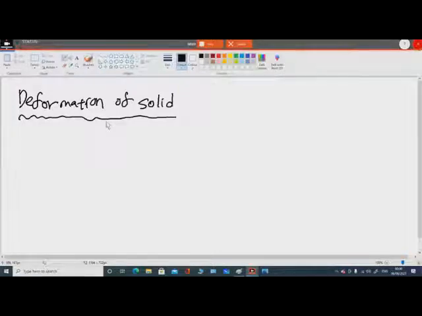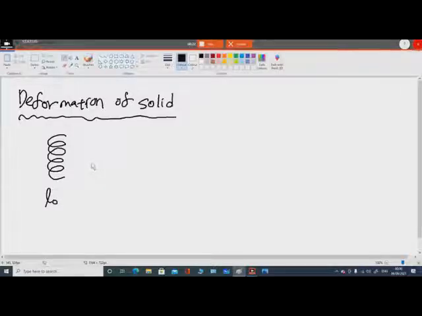Okay, so let's talk about deformation of solids. Let's say I have a spring. This spring has an original length, which is L naught.